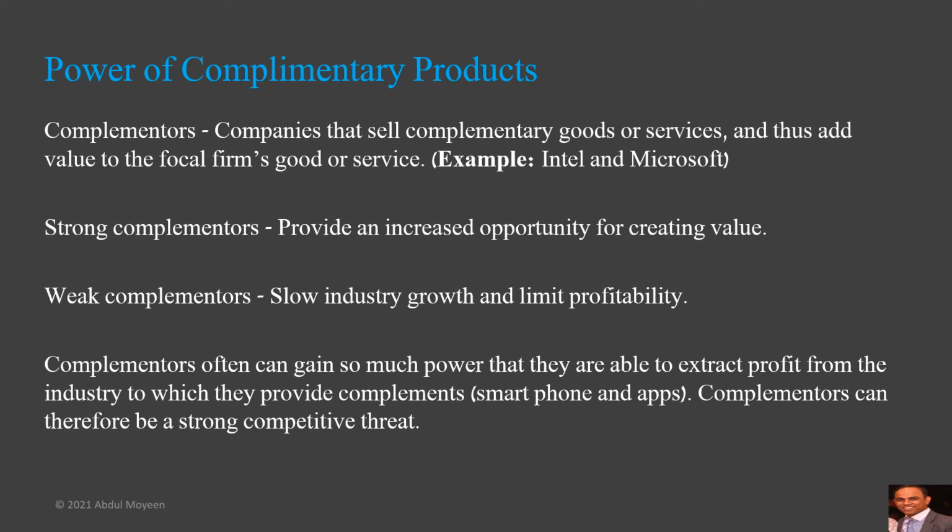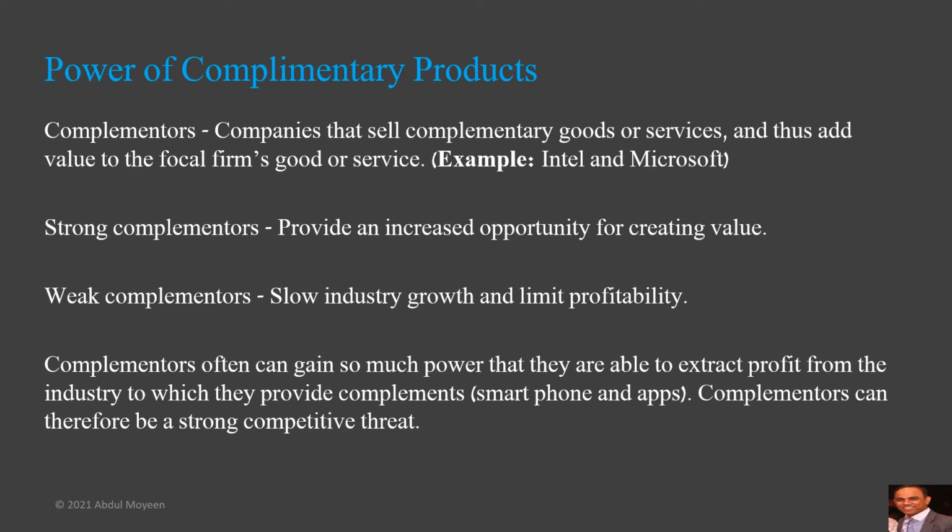We can see that the more apps we have, the more iPhones we will be selling, or people will be buying, because these are complementary to each other. When used together, apps and smartphones, the combined products better satisfy customer demands. Strong complementers provide an increased opportunity for creating value.